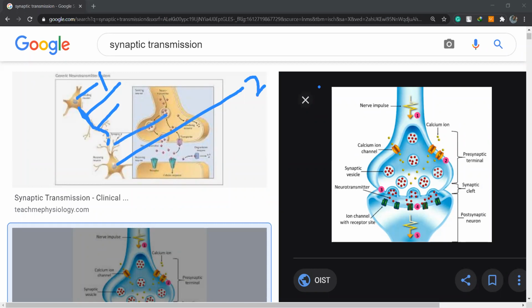So that's what we normally say: dendrite receives information. The terminal button will release that chemical and give it to the dendrite of the second neuron, so that the second neuron will act upon the chemical that was released to it.